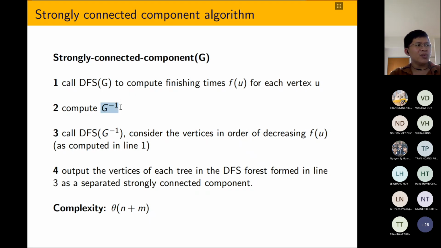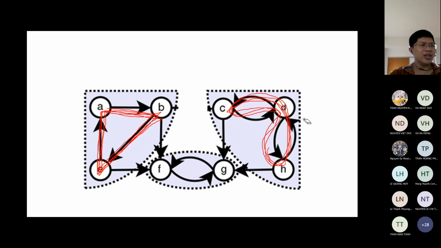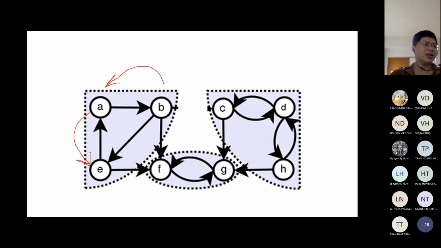This is the graph that we call G inverse, which means the inverse version of the graph G. It means we keep all of the vertices as they are, but now we invert the direction of the edges.